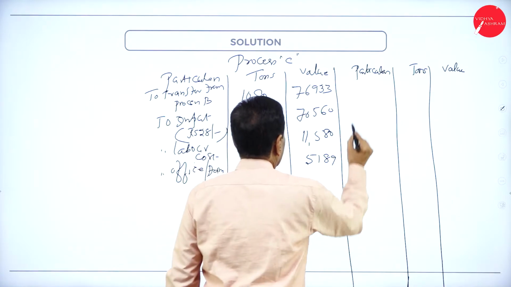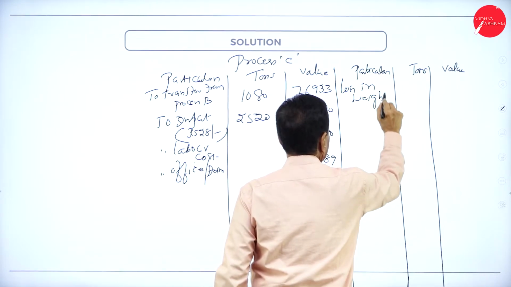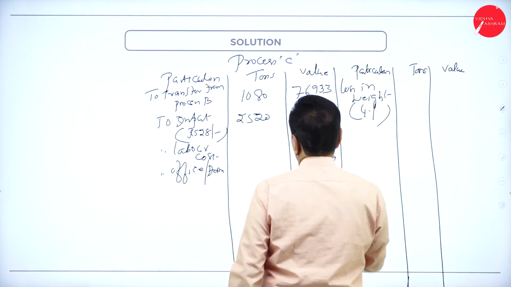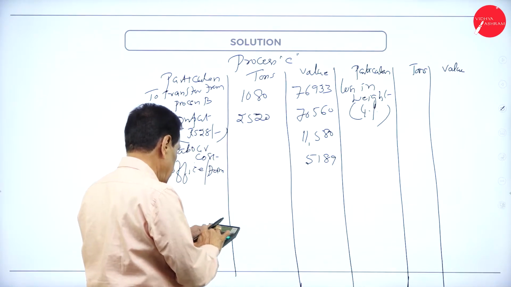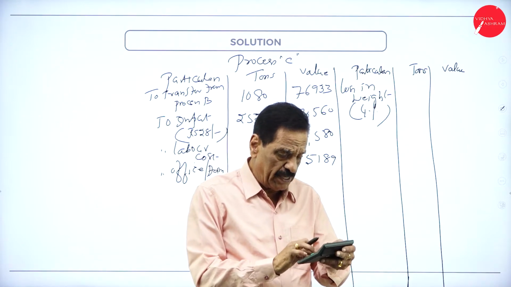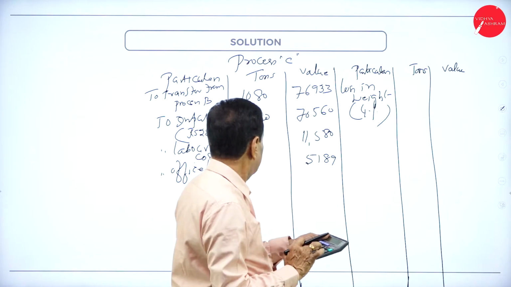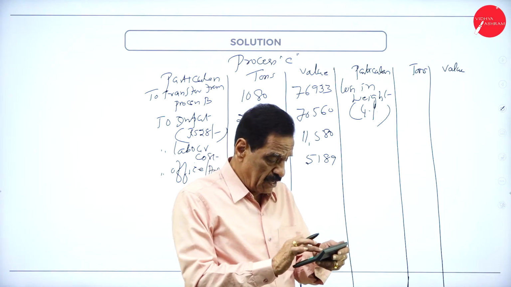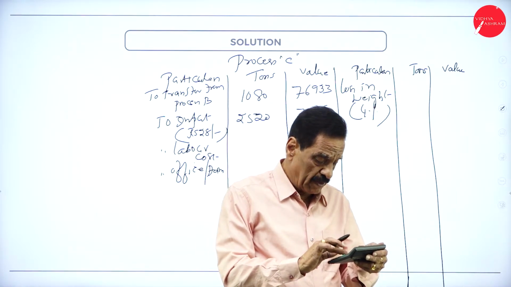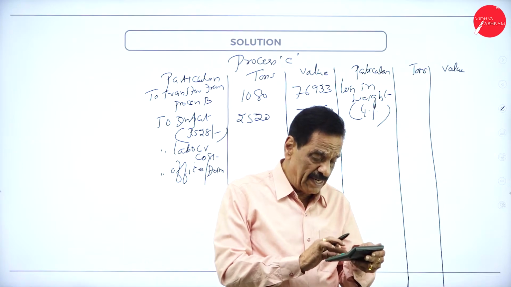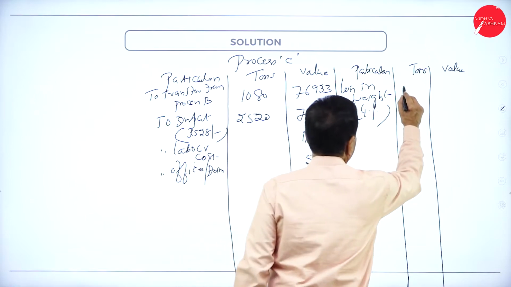Then by loss in weight, 4% on total amount, 2,520 plus 1,080 into 4 divided by 100 is 144 tons.